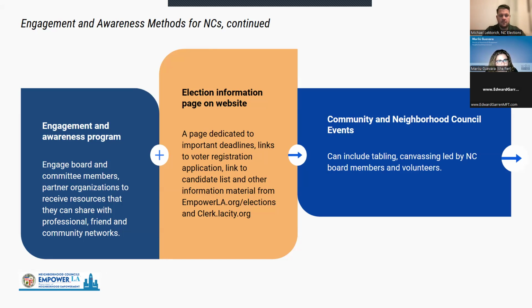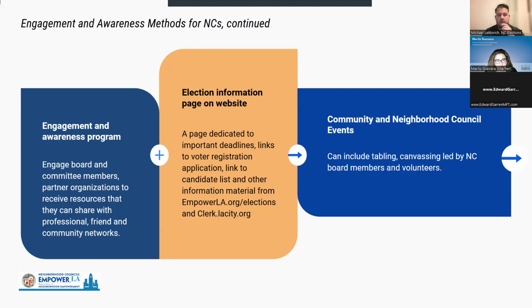Second, election information on your websites. During election time, it's key that if somebody visits your website, they should know that your neighborhood council is having an election. You should have important deadlines, links to voter registration, links to a candidate application, and any other kind of important material regarding the elections on your website.